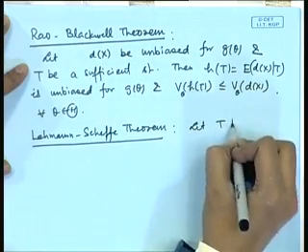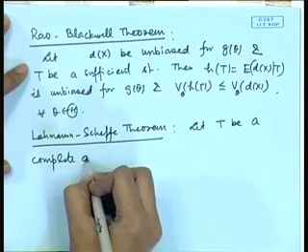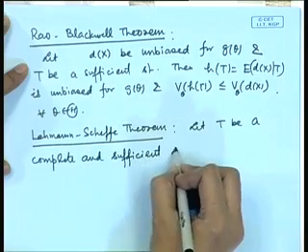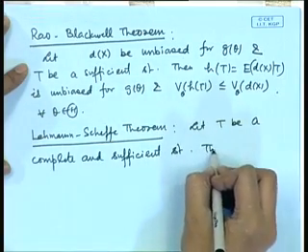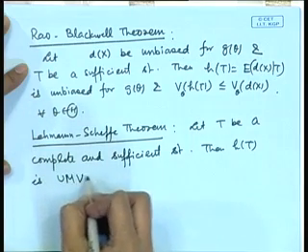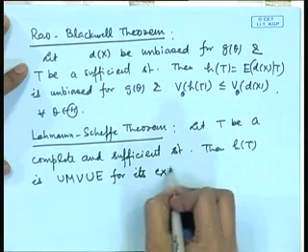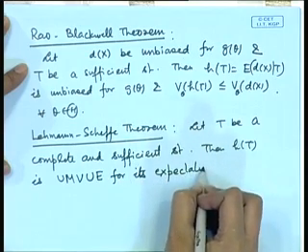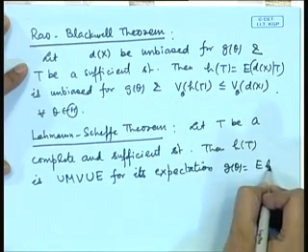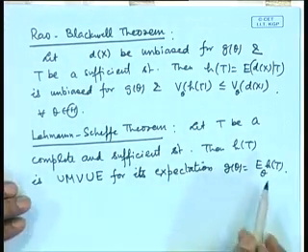Let T be a complete and sufficient statistic, then h(T) is UMVUE for its expectation, that is g(theta) is equal to expectation of h(T). Now, this is an extremely significant result.